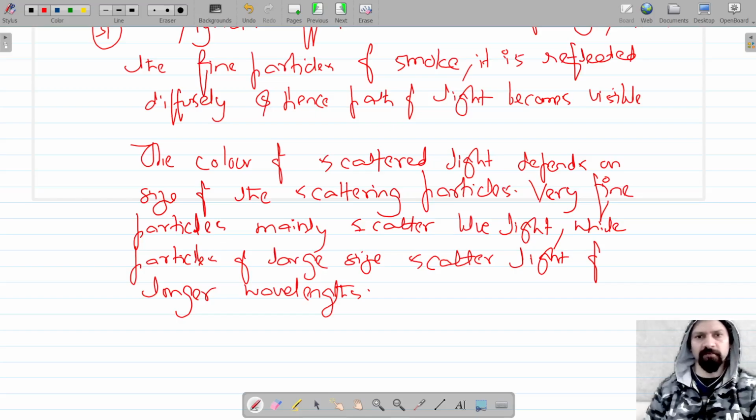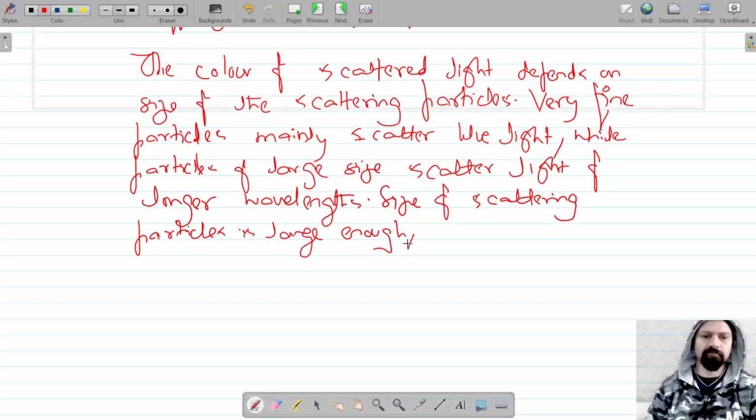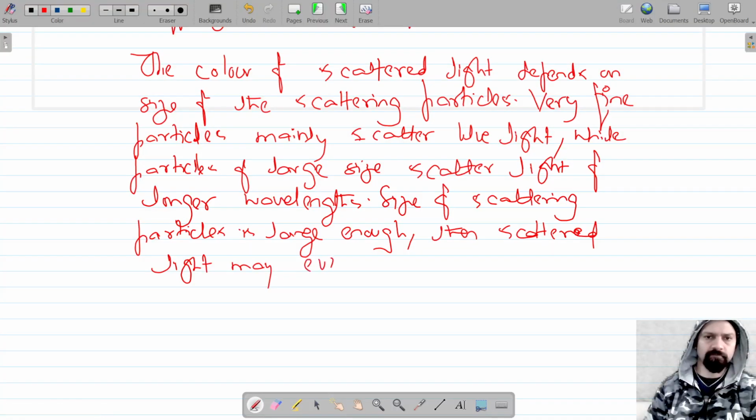And now if the size of the scattering particles is large enough, then the scattered light may even appear white.